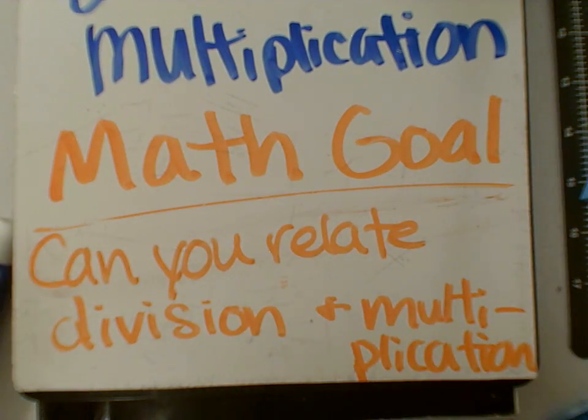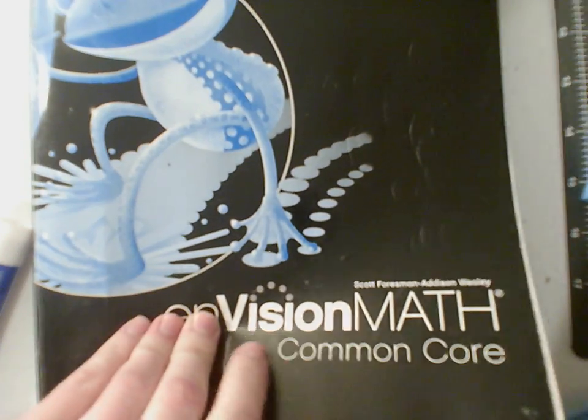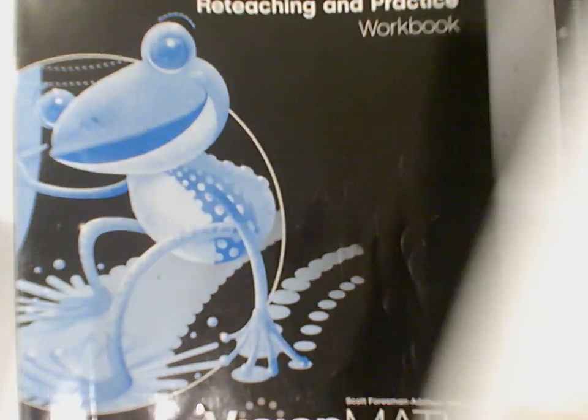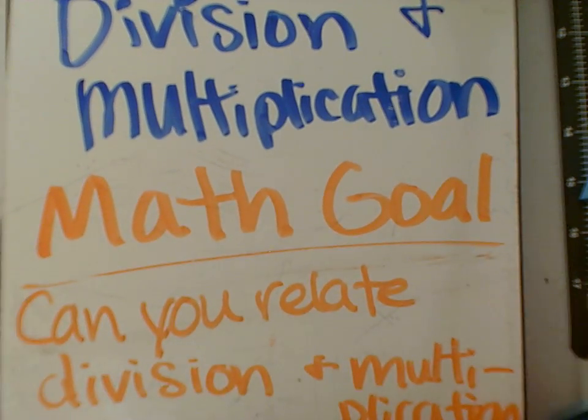And for additional practice, if you want it, you can also use the math workbook because they have the step-up lessons in the back, as you can see. So let's go ahead and do a little review and practice together.